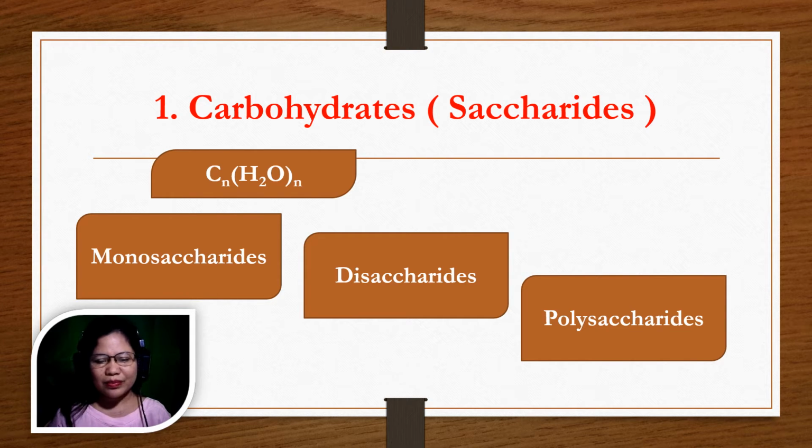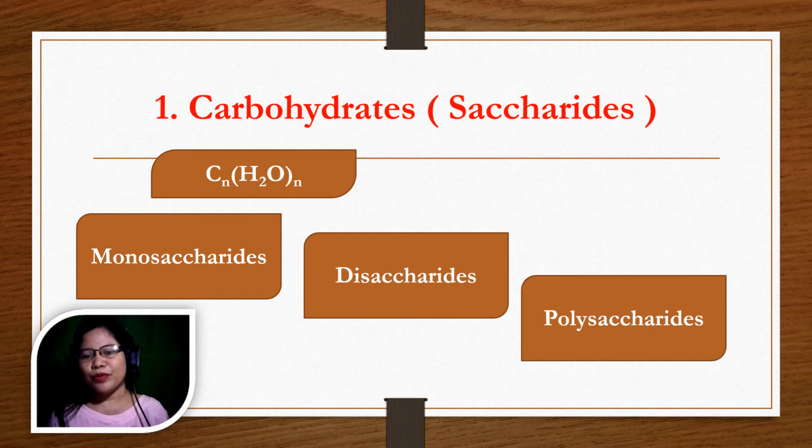Our body needs different types of glucose or saccharides, because these macromolecules are too big for the body to use.